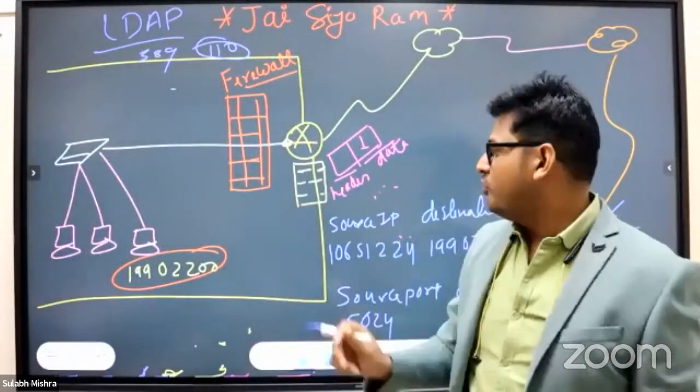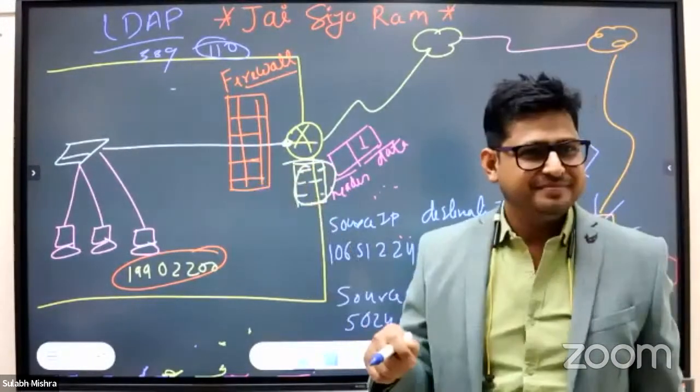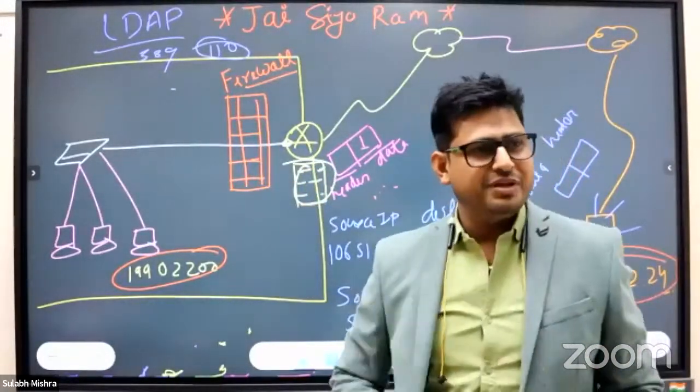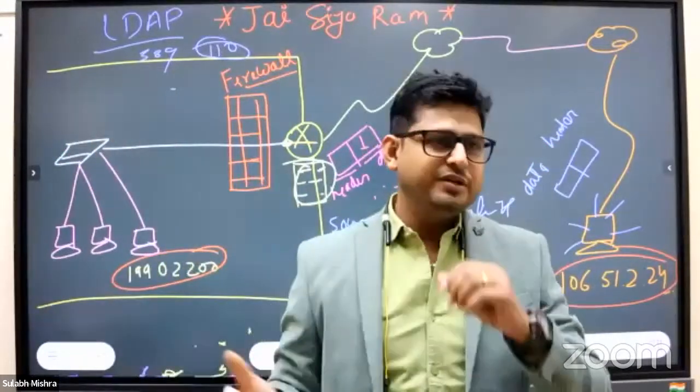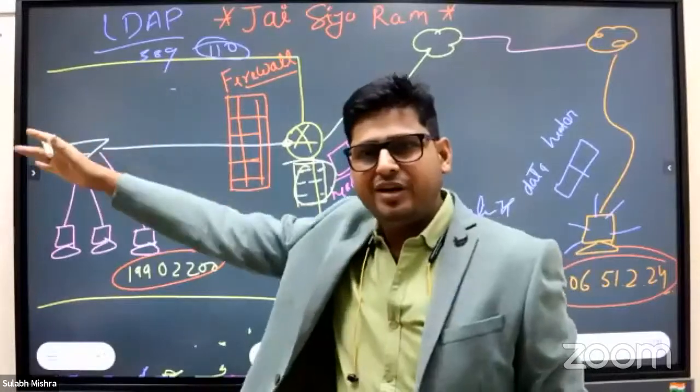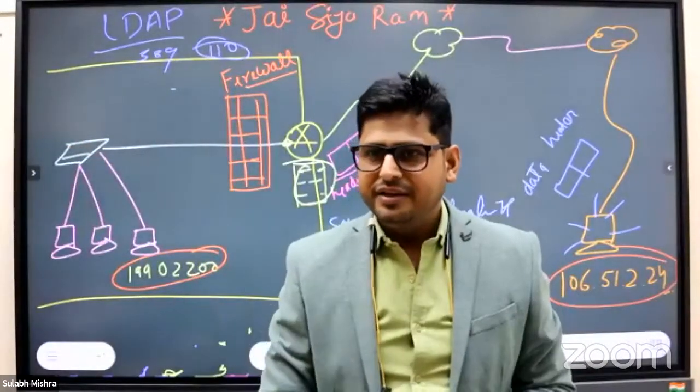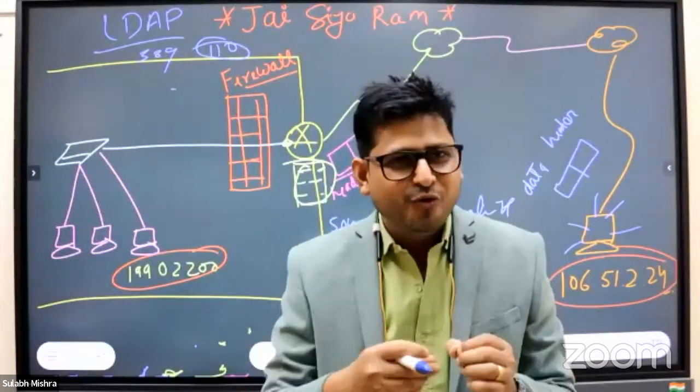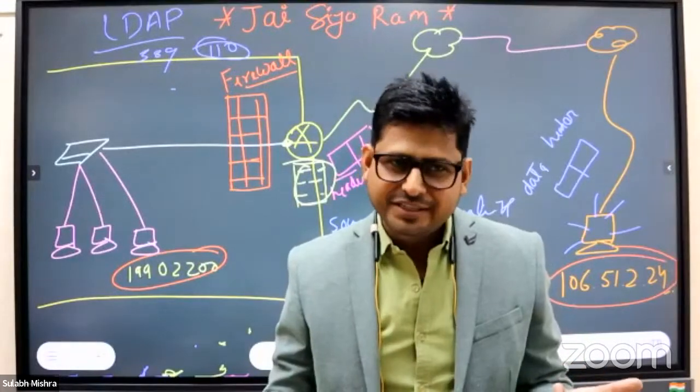So it will have the information of which interface of the router, which network or which device is connected, and what is the whole path, the whole route.